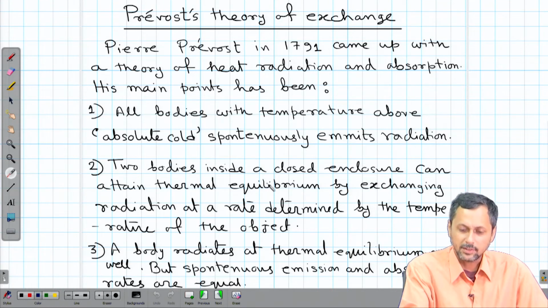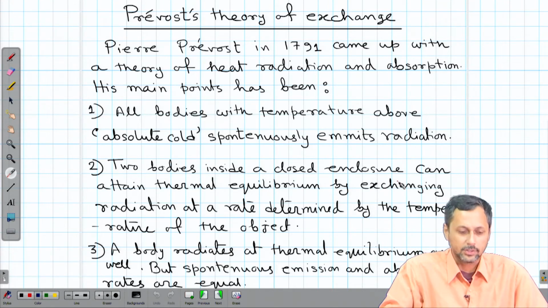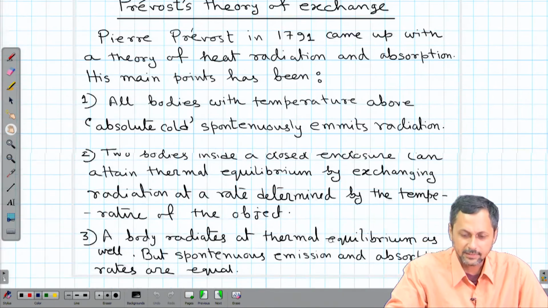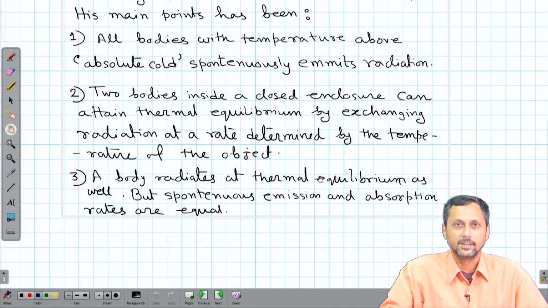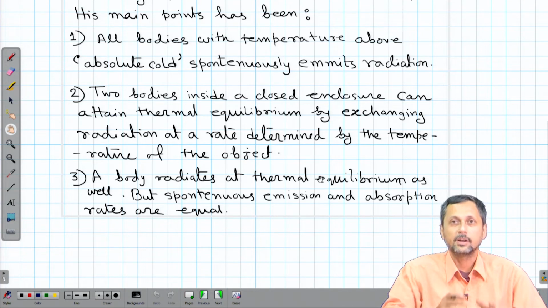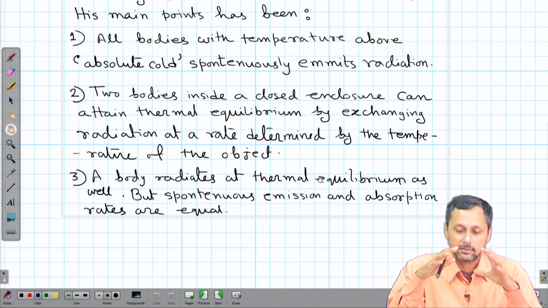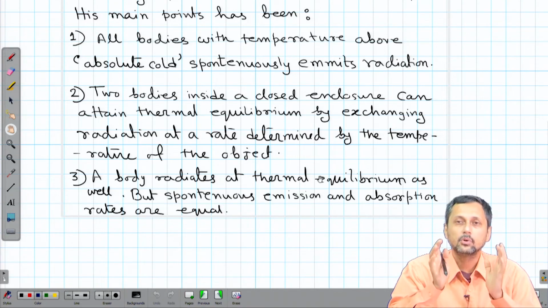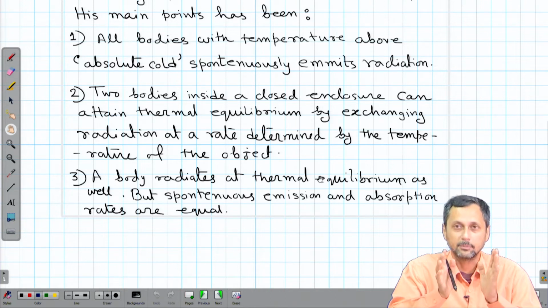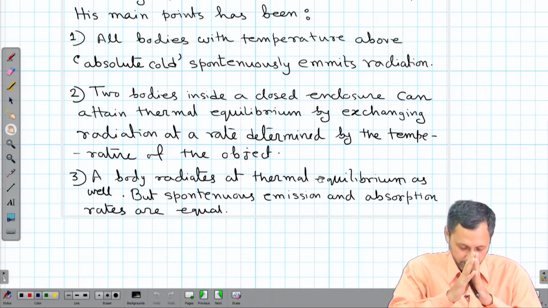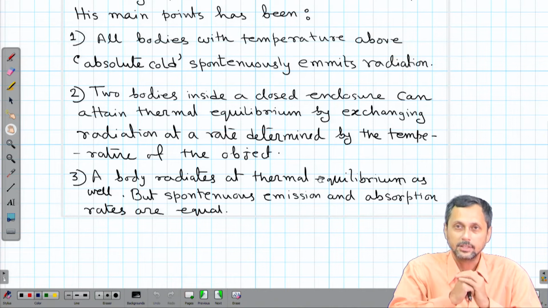Two bodies inside a closed enclosure can attain thermal equilibrium by exchanging radiation at a rate determined by the temperature of the object. We know that thermal equilibrium can be established by conduction and convection. He said that thermal equilibrium can also be established by means of radiation alone.